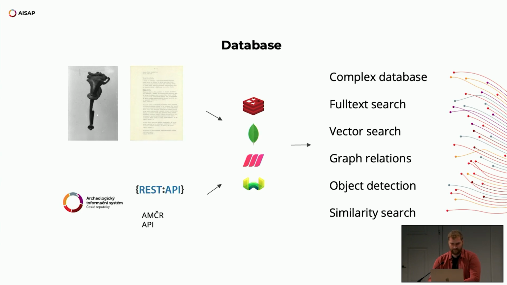Our goal is to make a really good database with all the data that we can extract from these documents and photographs, and connect together all the data that are written inside. We want to provide full text search for all the fieldwork reports and documents.